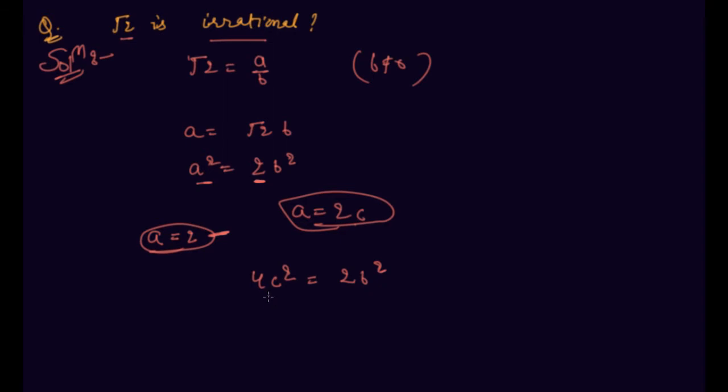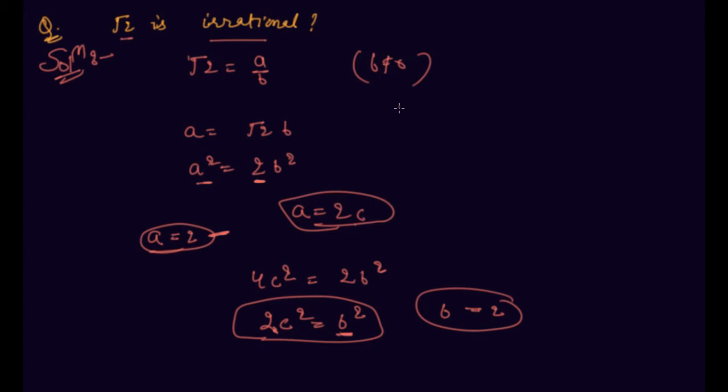So what I am getting here is 2c squared equals b squared. Since I am getting this, 2 is a factor of b squared, so 2 is also a factor of b, which cannot be true because a and b are co-prime numbers. Means they cannot be the same.